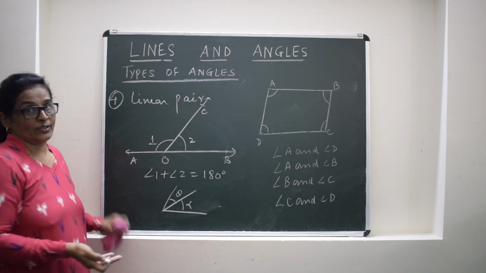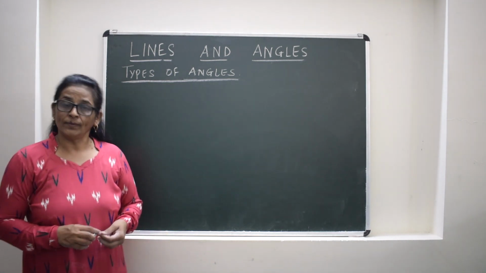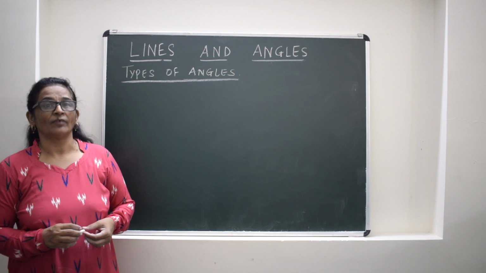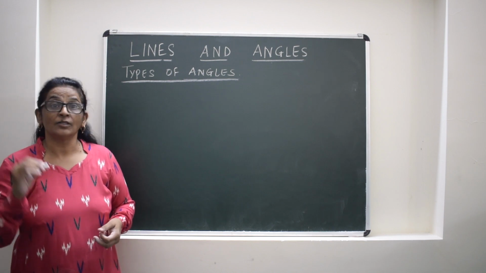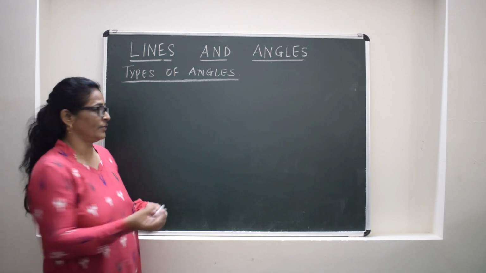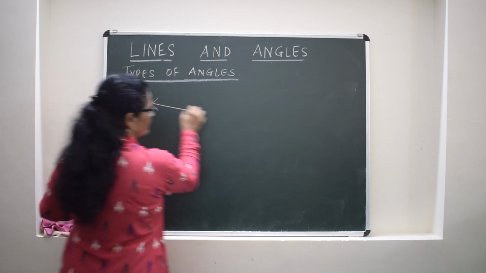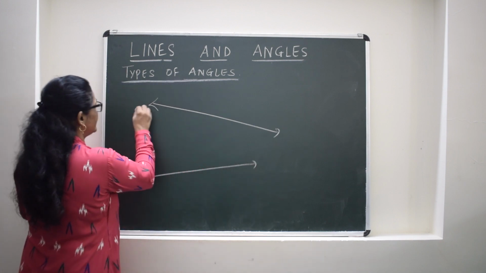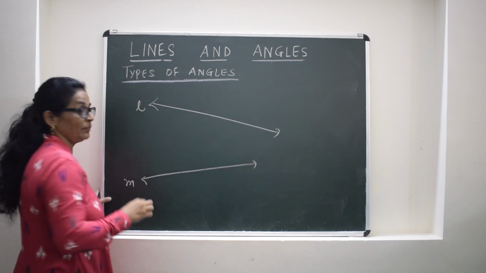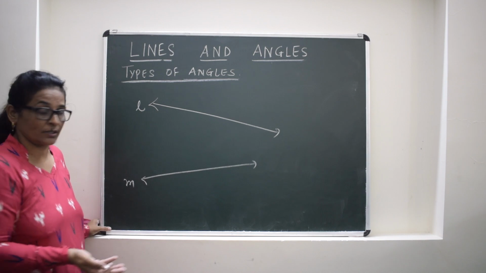Now we will see some different types of angles which are formed by two lines and a third line, a transversal. Any two lines, if we draw like this, these are any two lines. They may intersect or they may not.